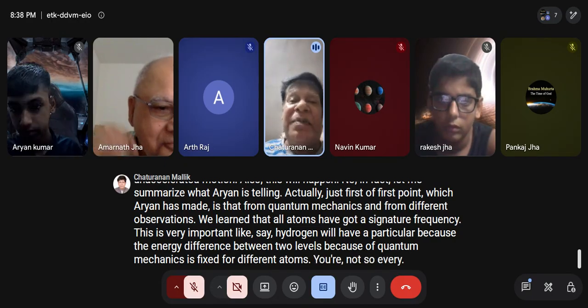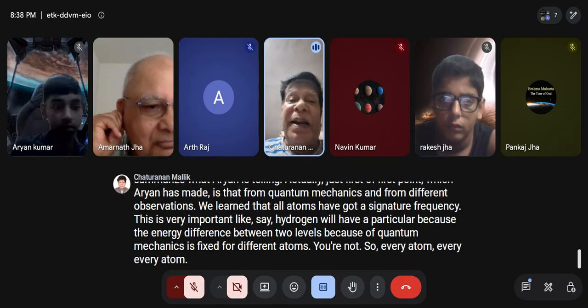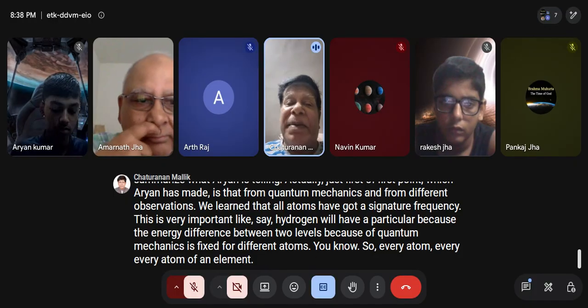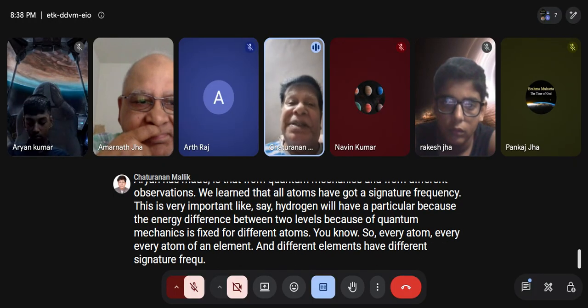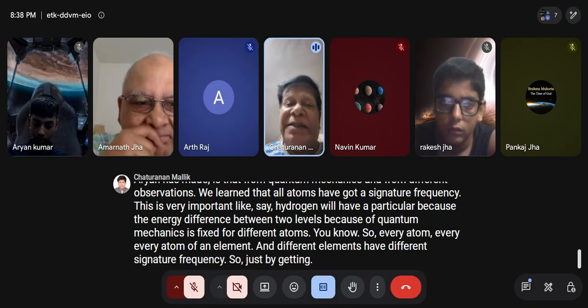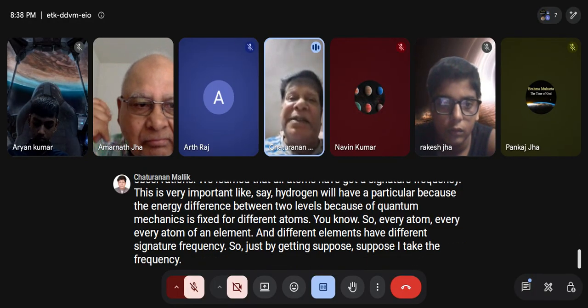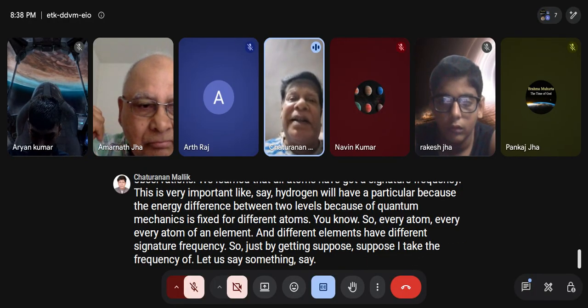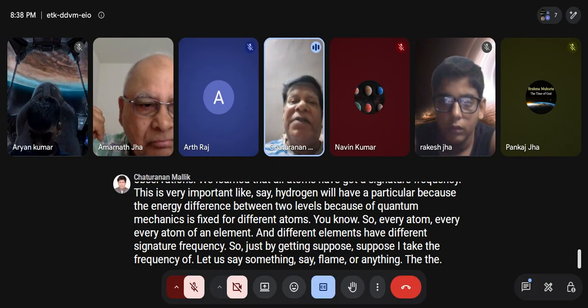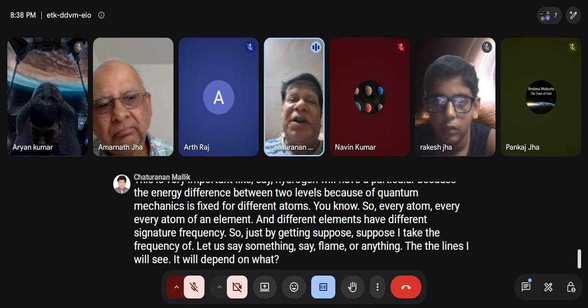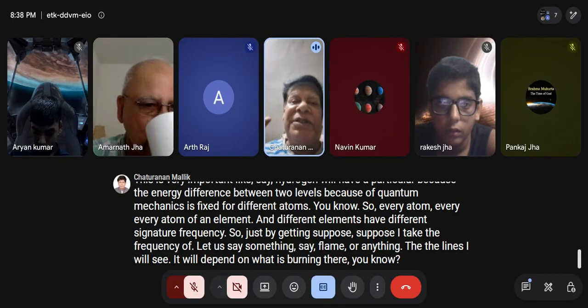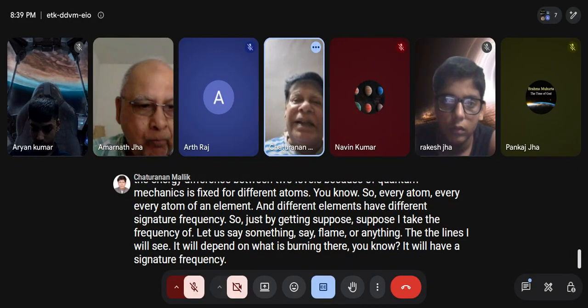So every element has a different signature frequency. Suppose I take the light of a flame or anything, the lines I will see will depend on what is burning there. It will have a signature frequency.